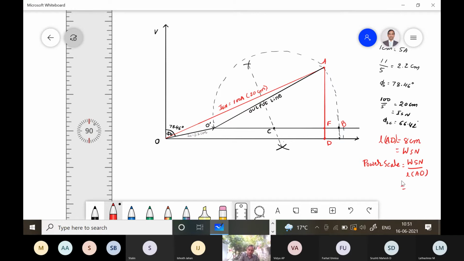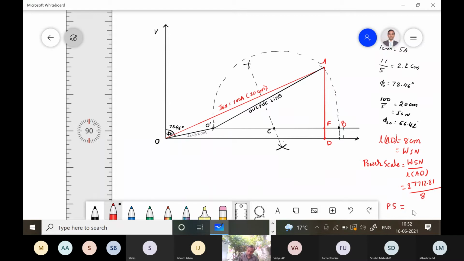What is the WSN value? 27,712.81. 27,712.81 divided by length of AD, which is 8 centimeter.